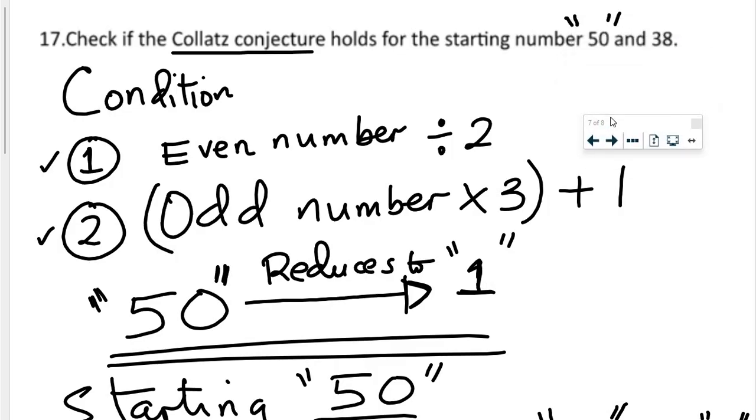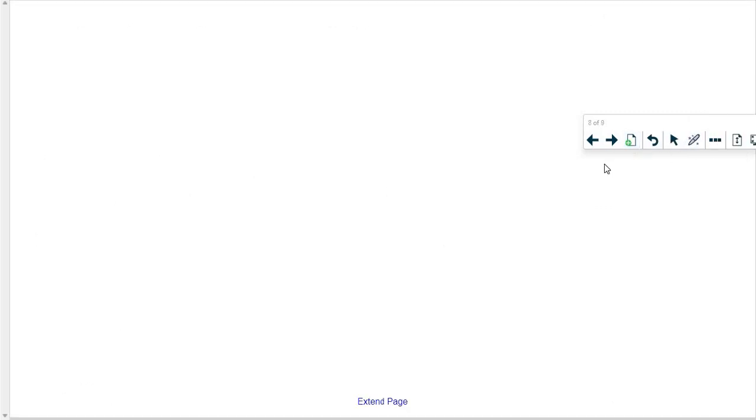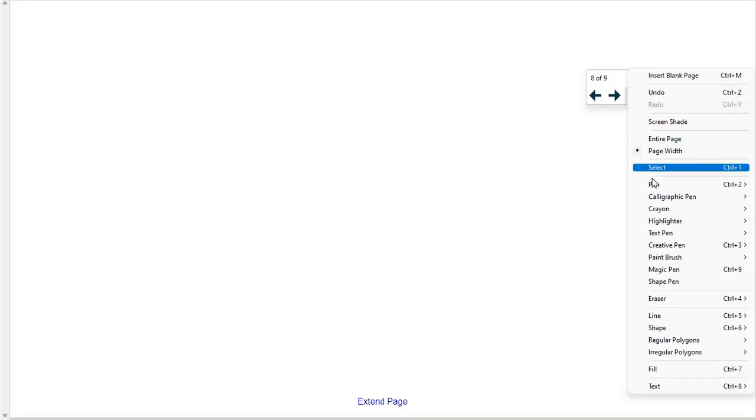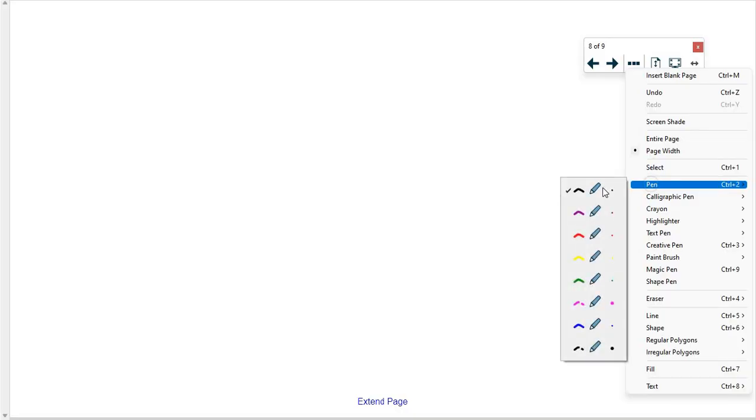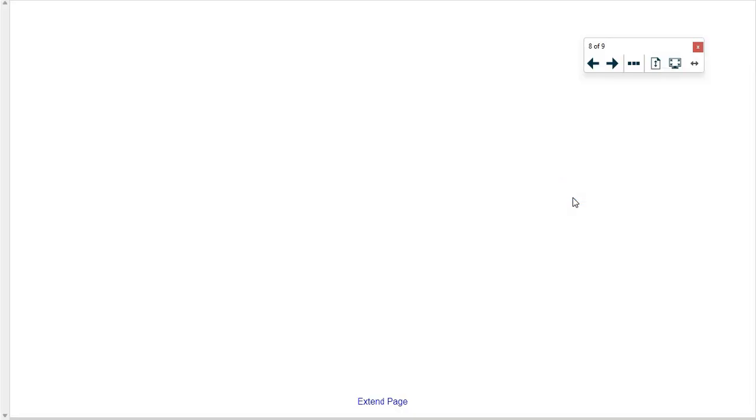Next number. Let us see if 38 will reduce to 1. Now, we start the process again. Make sure that you don't rush, because if you rush, any miscalculation will cause the conjecture not to hold.